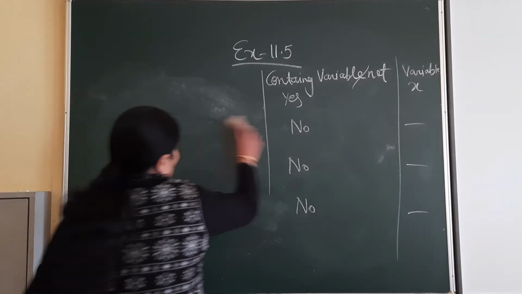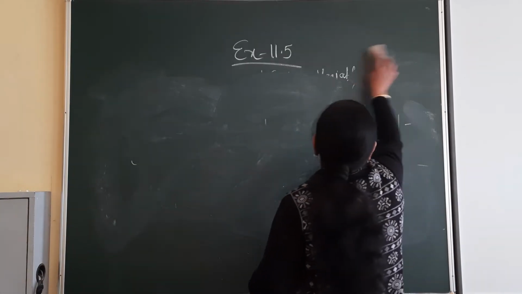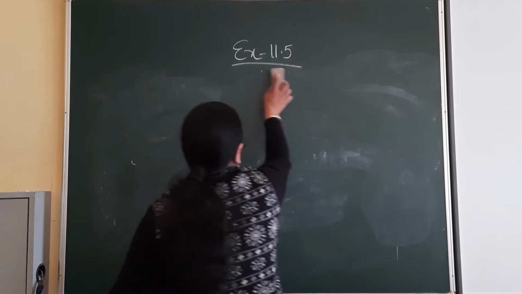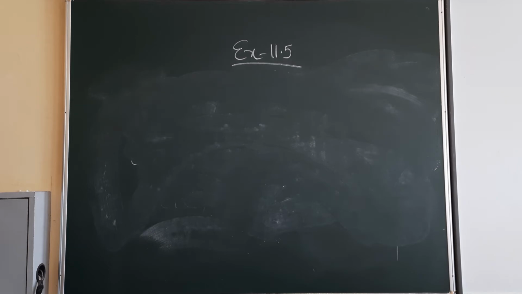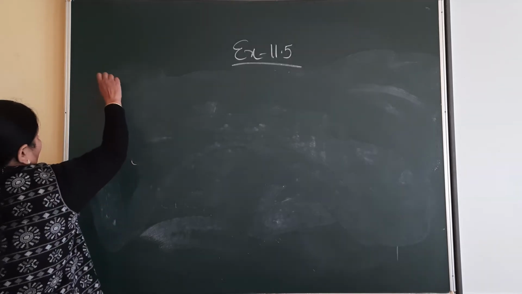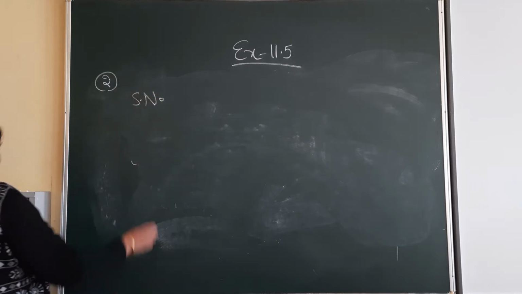Now I am going towards the question number 2. So what is question number 2? In question number 2, you will complete this question only in book. How you will complete the entries in the third column of the table. So what you are seeing in question number 2, here it is serial number.